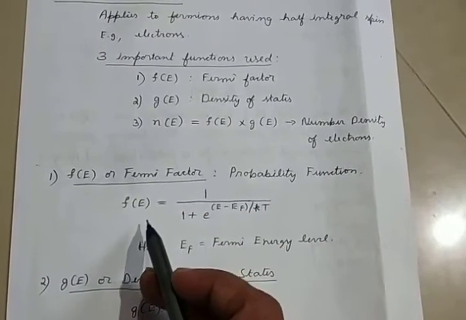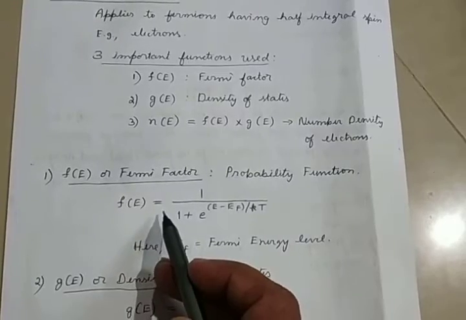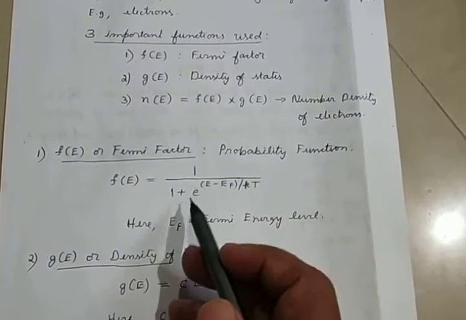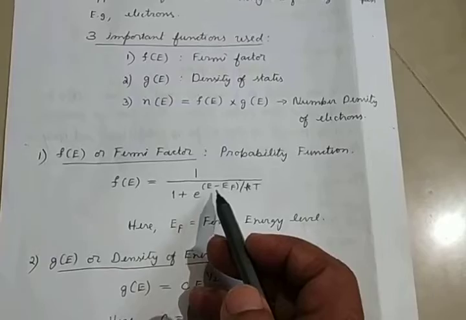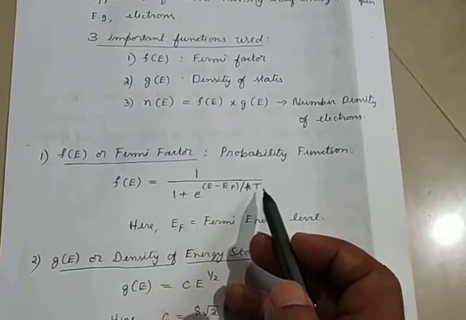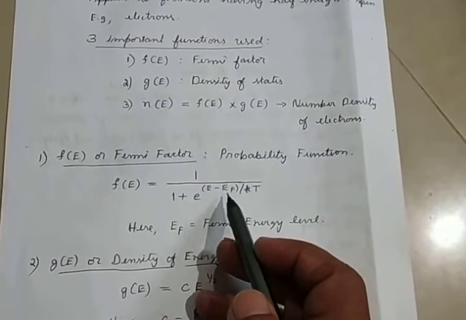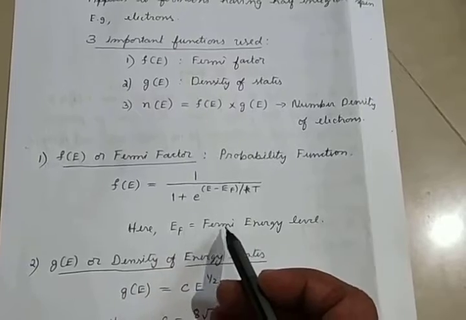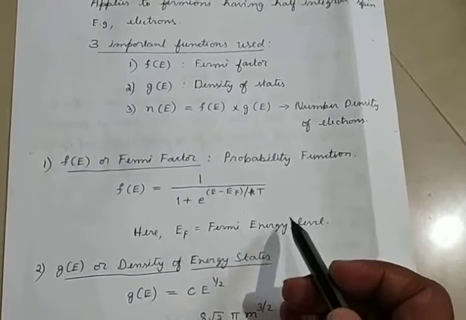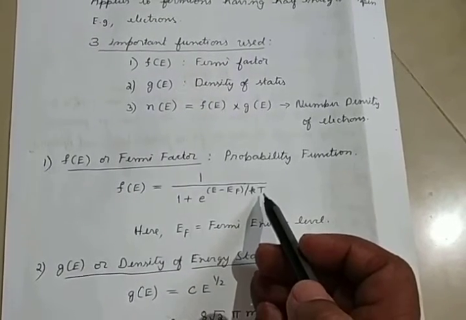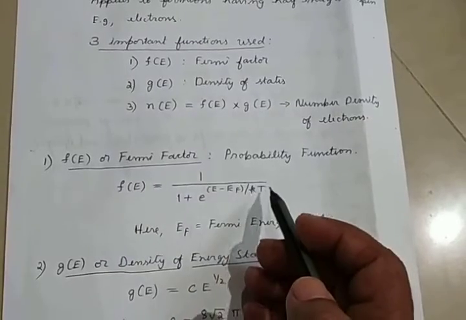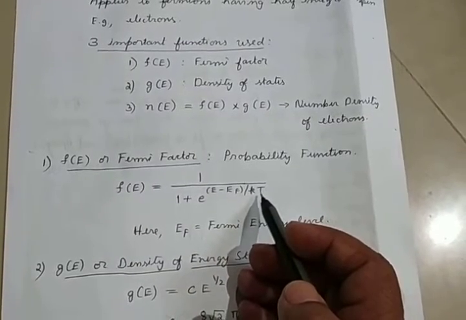It is given by this formula: F of E is equal to 1 by 1 plus e to the power of (E minus EF) by kT. Here the term EF is known as the Fermi energy level, and we also see that this function depends upon the temperature.